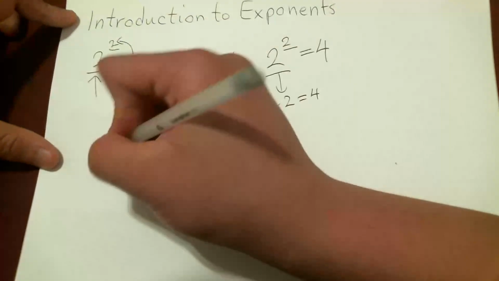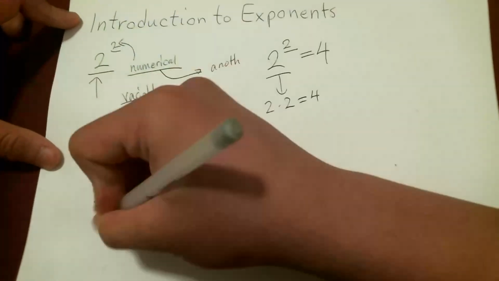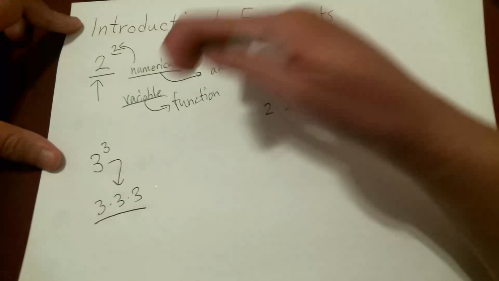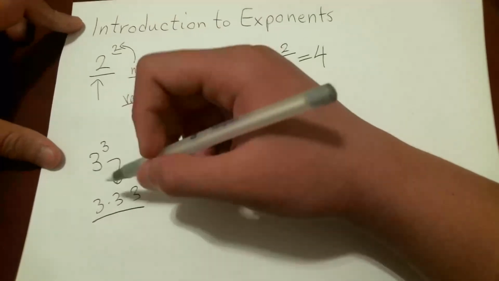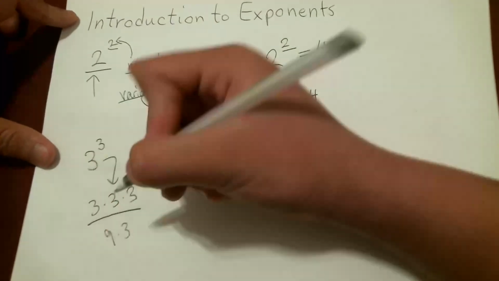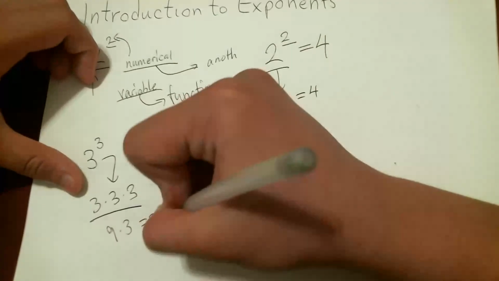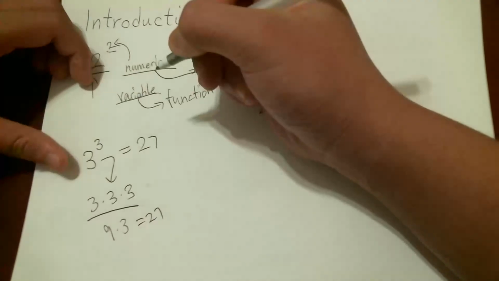So we would have to solve 3 times 3 times 3 in order to get 3 cubed. So 3 times 3 equals 9. We would have to multiply 3 by itself again, and that would equal 27. So 3 cubed equals 27.